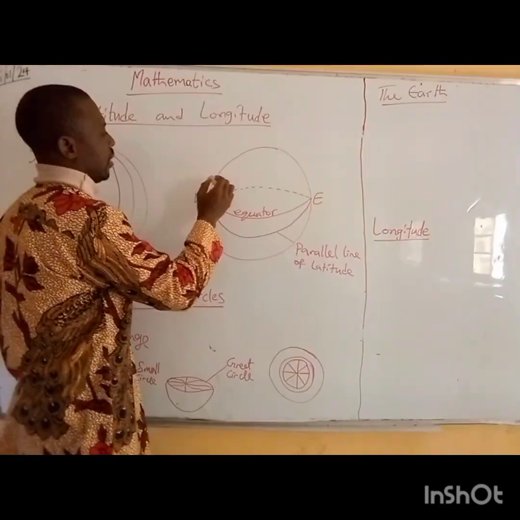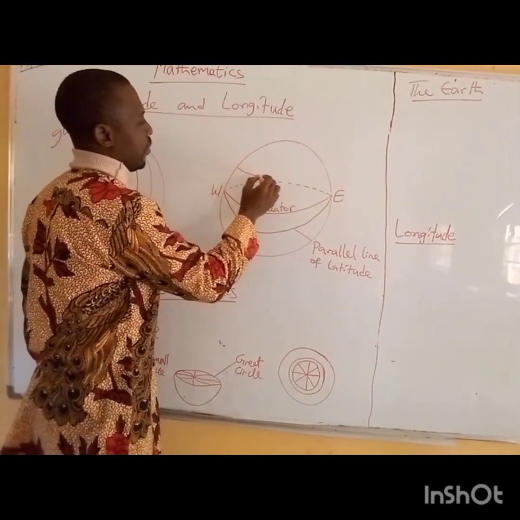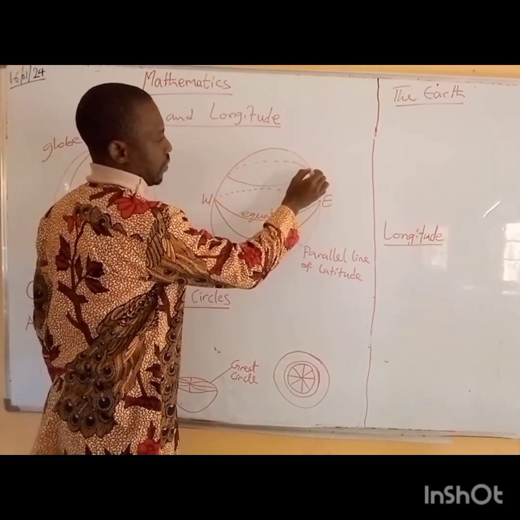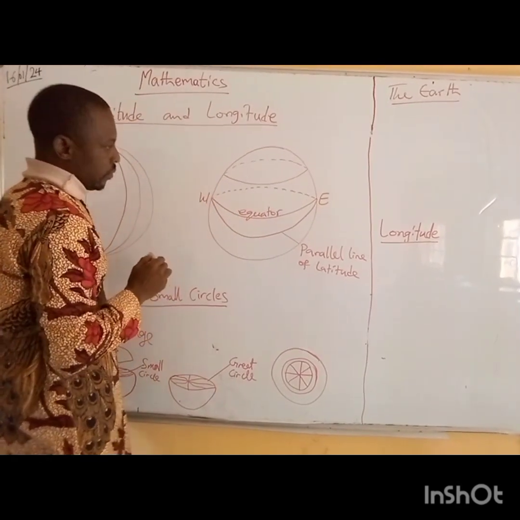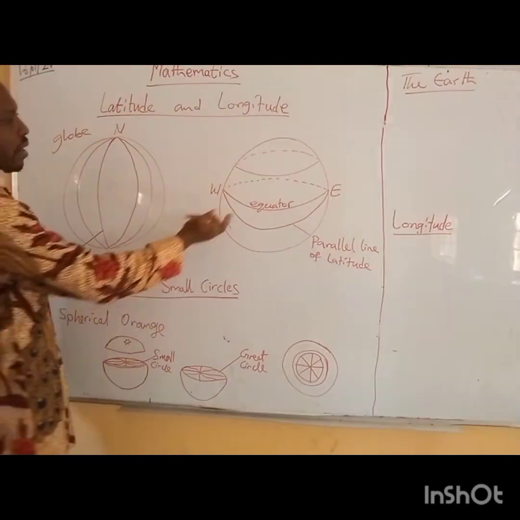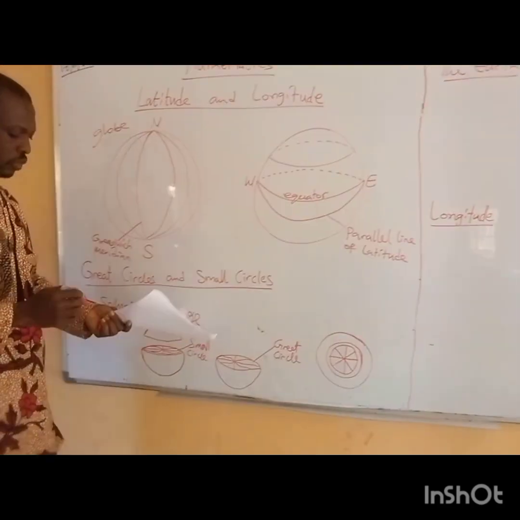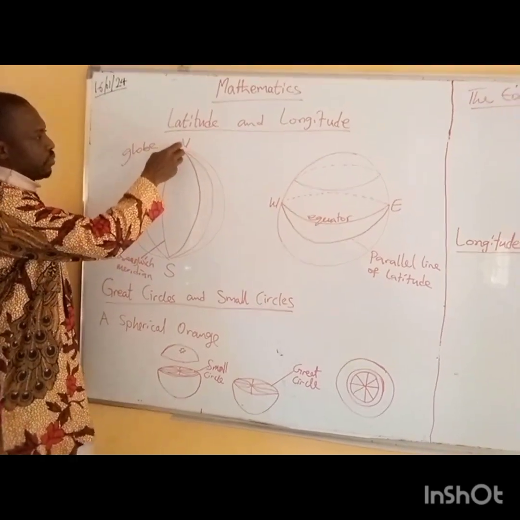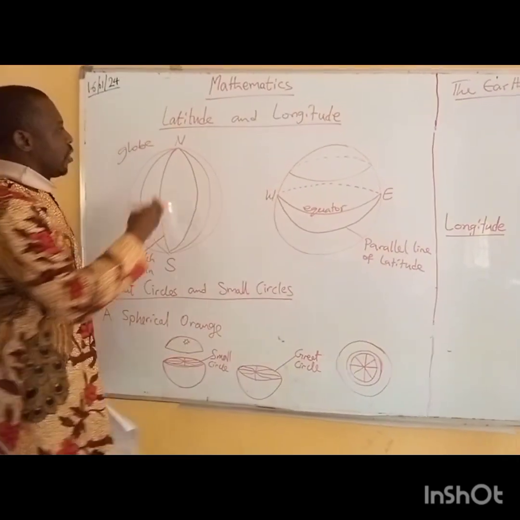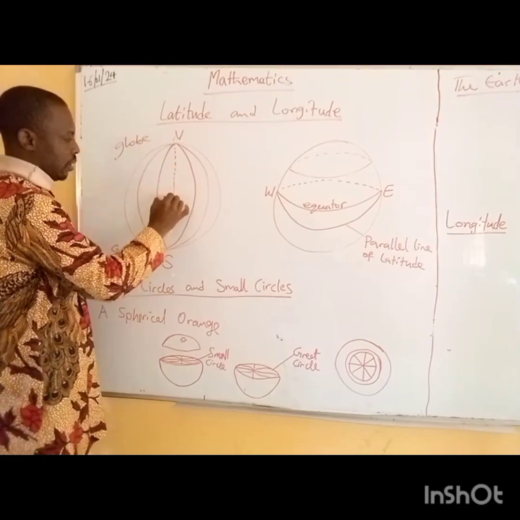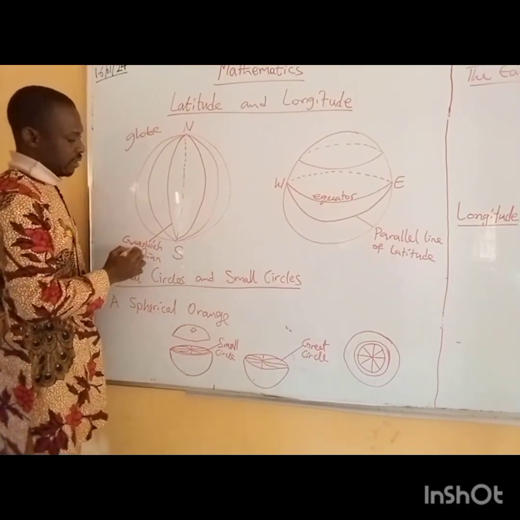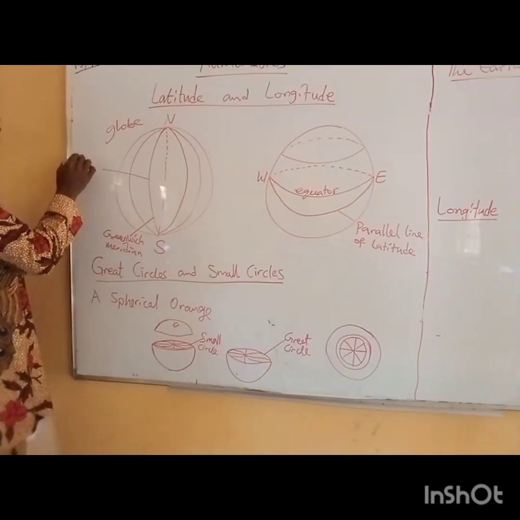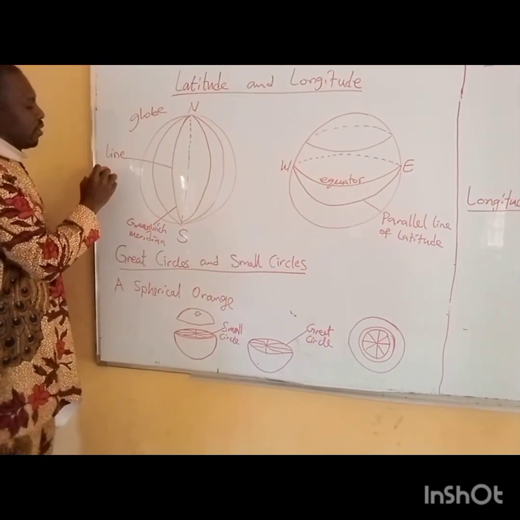Now there are several of them. So they are parallel to the equator. So we have the Greenwich meridian that crosses from the north to the south. These lines are also referred to as the lines of longitude.